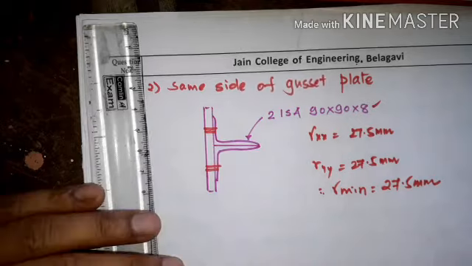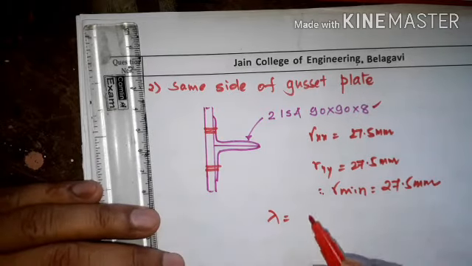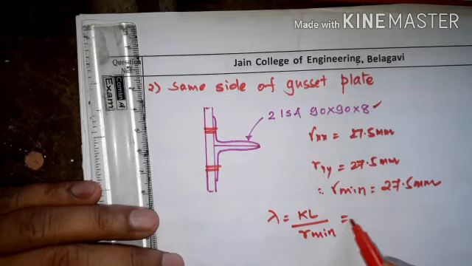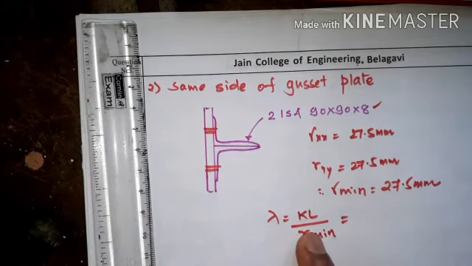So we'll find out again the lambda, KL by R minimum. When you design as a single angle, the K factor is 1, because for a single angle or angles placed on the same side of the gusset plate, the effective length is nothing but the distance between the intersections.